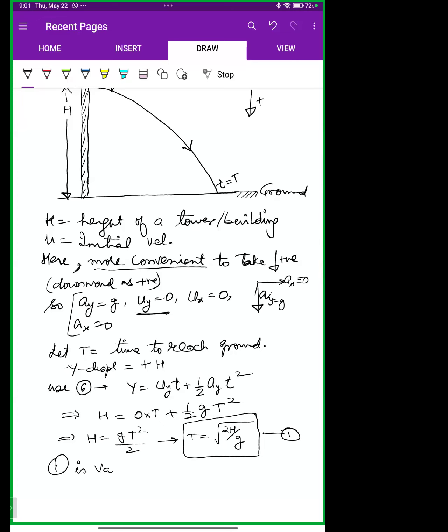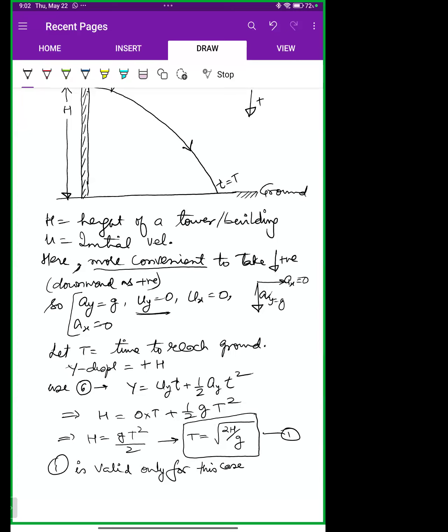One is valid only for this case. I am writing the formula here. T is a very direct formula. T is equal to root 2h upon g. But this formula is not universal. It cannot be applied everywhere.